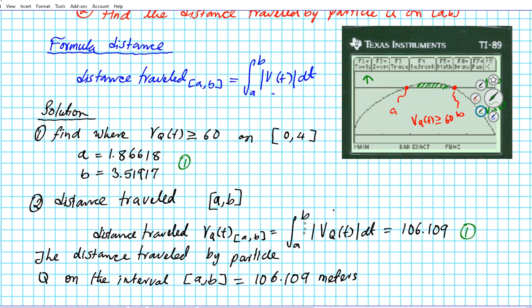You can put the numbers here, or if you declare these two values, then you can just use A and B. If you don't declare it here, you have to state exactly what the limits are. But if you declare it, that gives you the right to use the variables you declared these two values as in any formula. You don't have to write it over and over again.